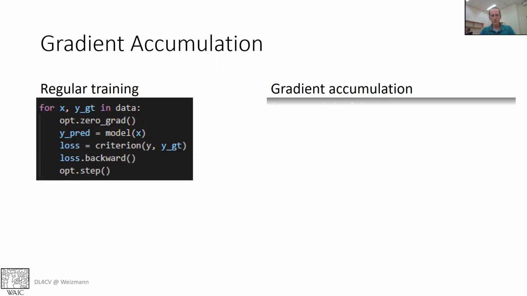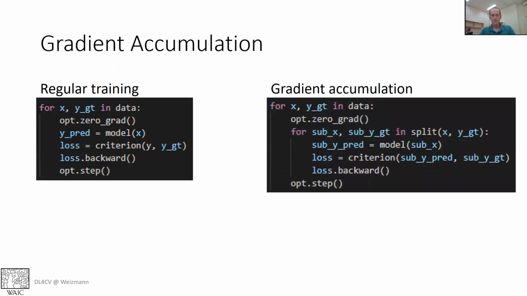With gradient accumulation, we zero the gradients and then partition the batch, if it's too big, into smaller sub batches. We do several forward and backward passes without updating the weights. And only after we processed all the big batch, only then we update the weights. So we accumulate the gradients from all these sub batches, and then we make the step.